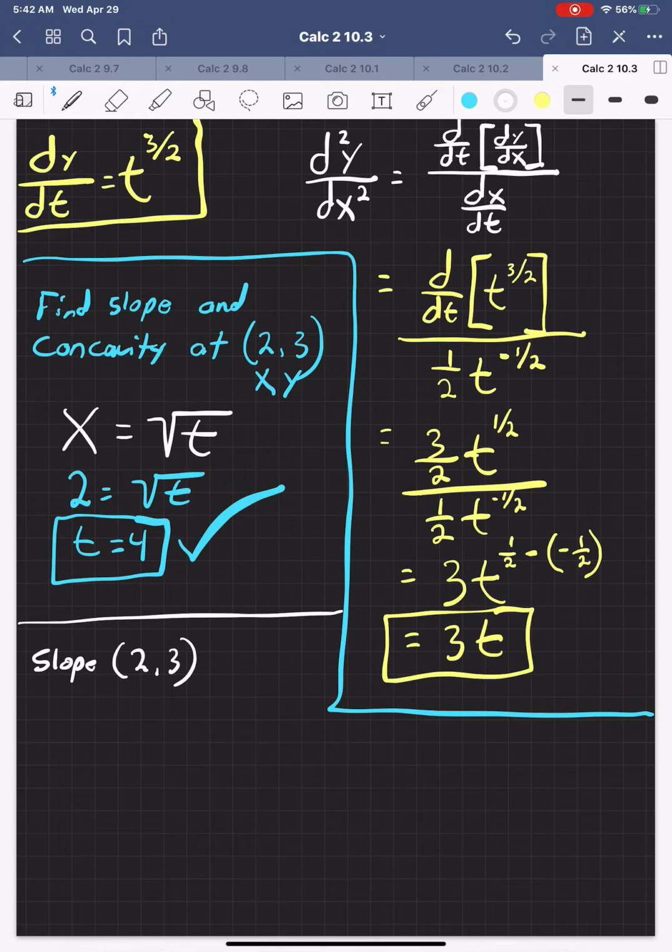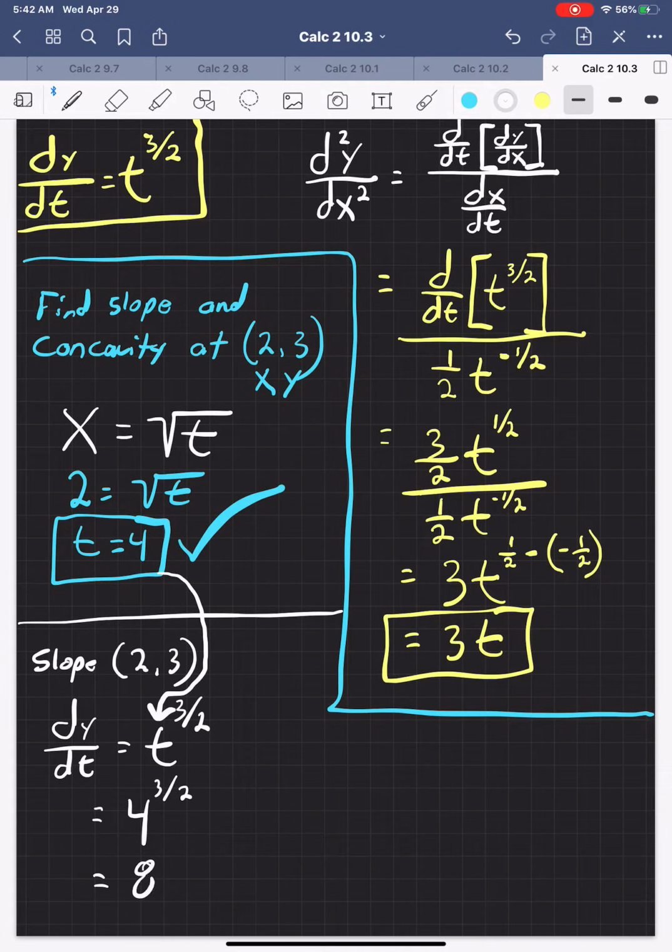Well, let's use dy/dx is equal to t to the 3/2. And hopefully you're already anticipating, I now know what to plug in for t. So 4 to the power of 3/2. Well, 4 to the power of 3/2 is 8. So that's my slope. It's my rate of change.